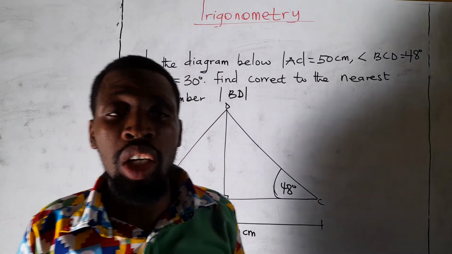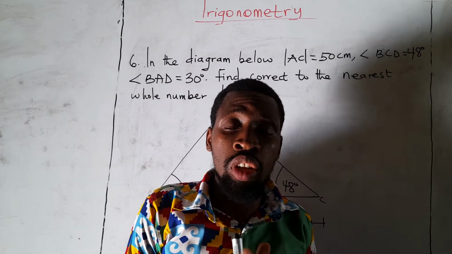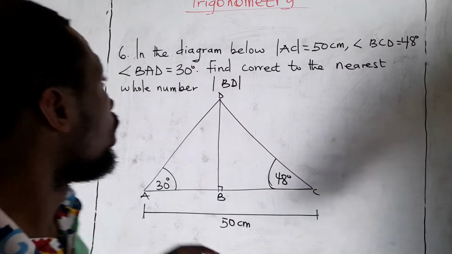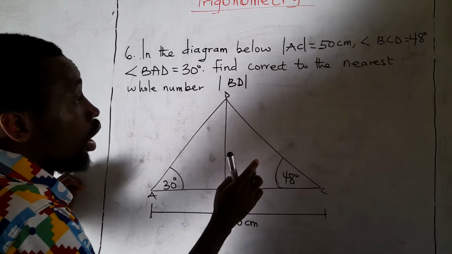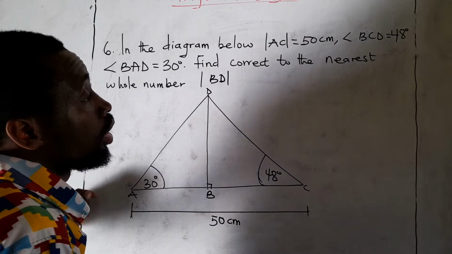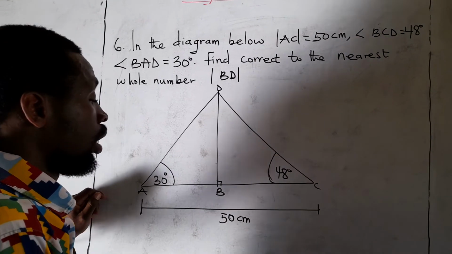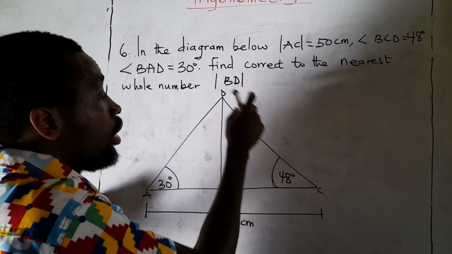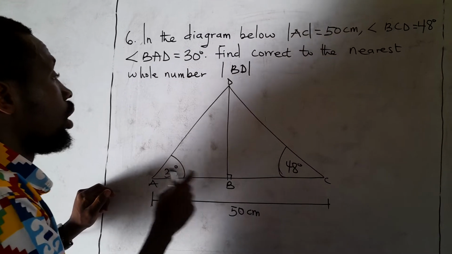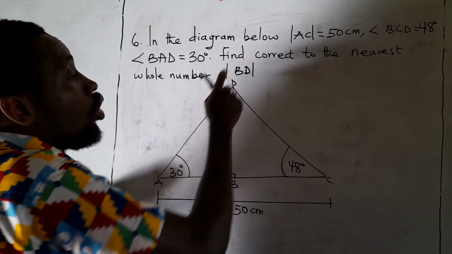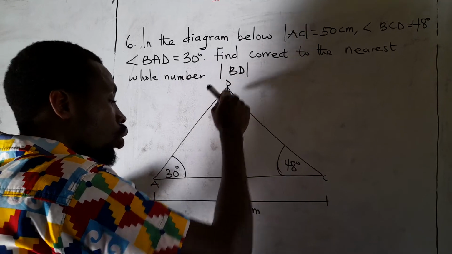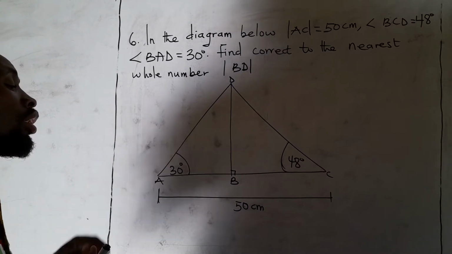So pause the video now and try to see if you can solve the question on the board. After that, you compare your answers with mine. They say in this diagram, AC is 50 centimeters. Angle BCD is 48 degrees. Angle BAD is 30 degrees. We should find, correct to the nearest whole number, the side BD. So how do we do that?